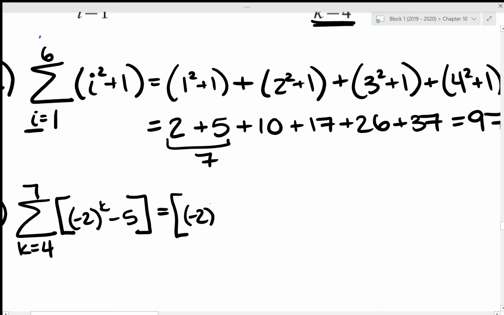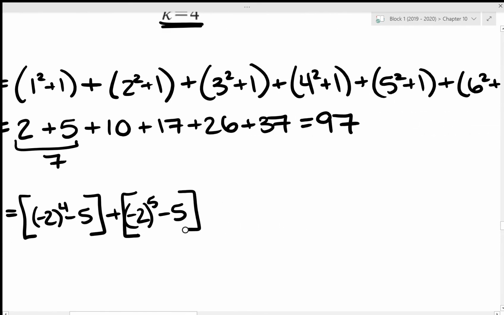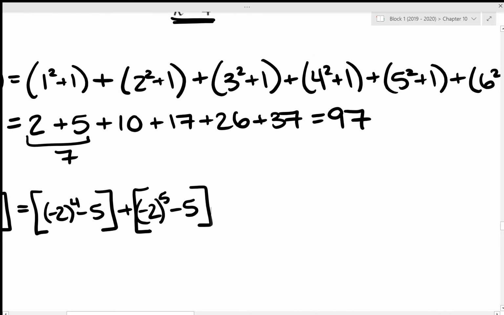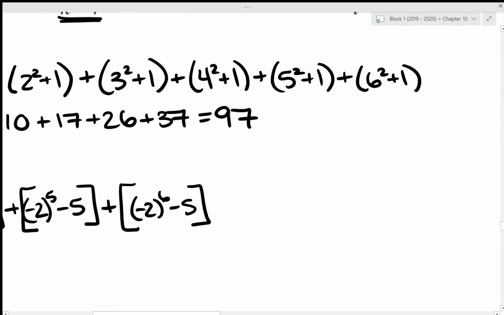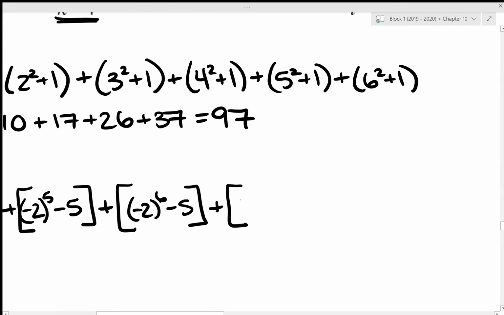Negative 2 to the 4th minus 5, plus. So I'm plugging in each number, and then I'm moving on to the next one, and I'm going to add all these up. And now negative 2 to the 7th minus 5.